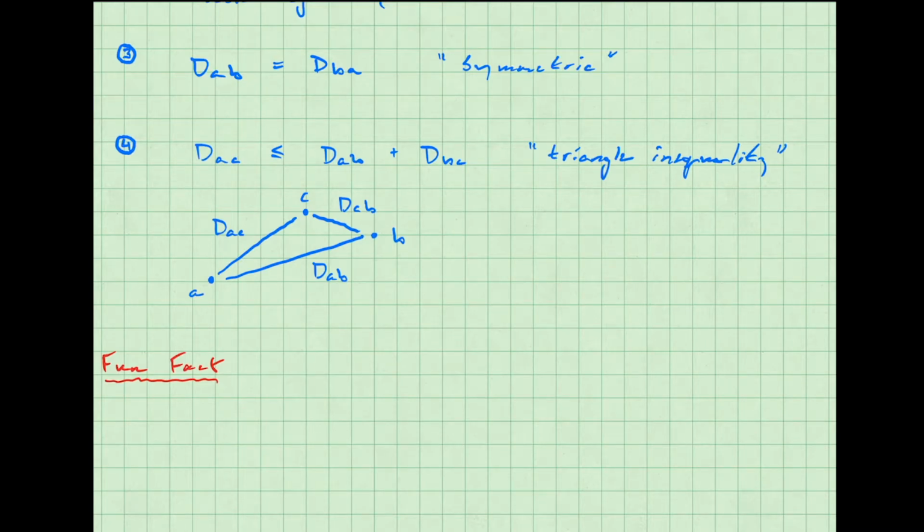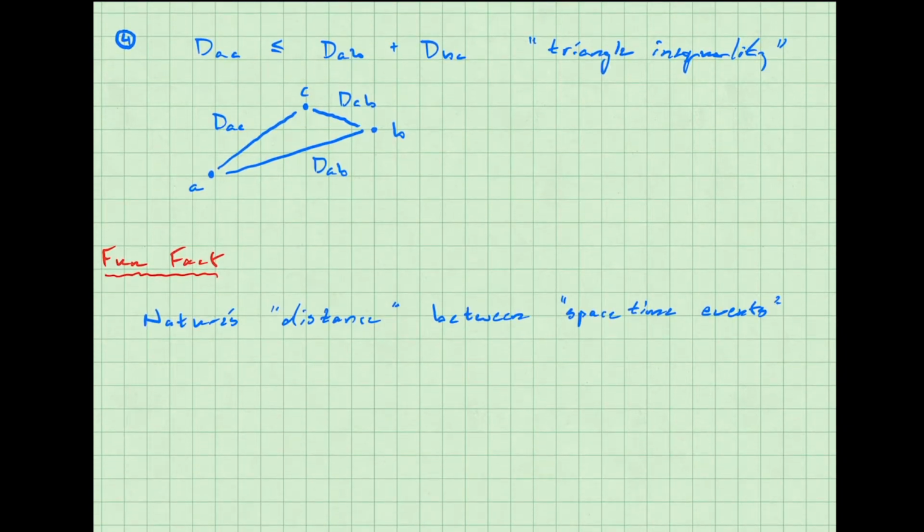So nature's sort of best distance is not really so much lengths, but we say it's distance between space-time events. That's a funny name, between space-time events, so let's name them.